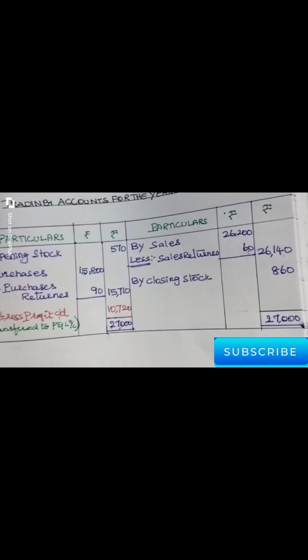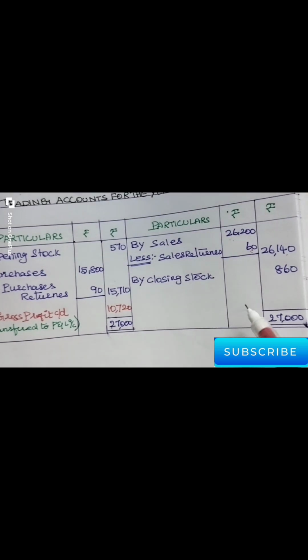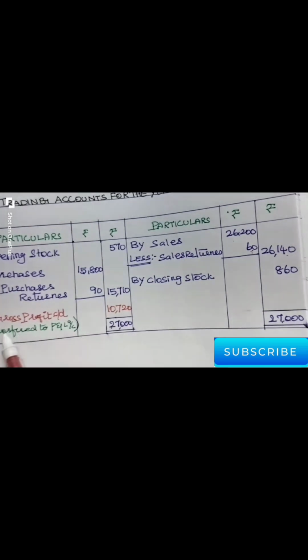Listen carefully: the credit side total is higher, so the difference represents gross profit. Against 10,720, you write 'To gross profit carried down'. That 10,720 is transferred to the profit and loss account.